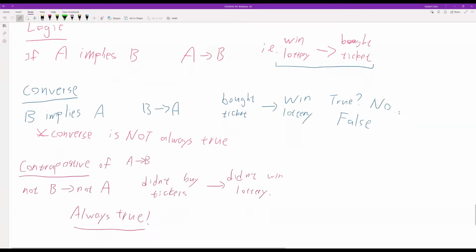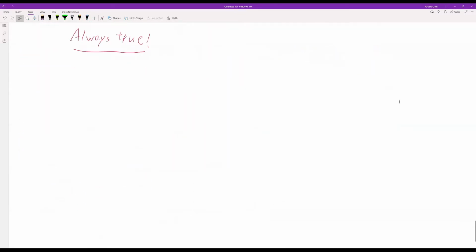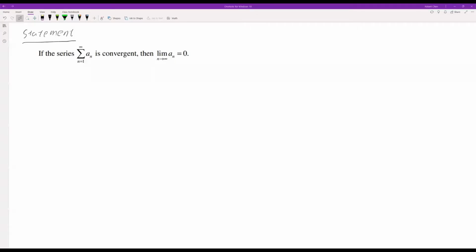But the contrapositive is always true: if you didn't buy tickets, then you didn't win the lottery. Now, we are going to take this and use it in our class in terms of convergent and divergent. So this is our statement: if the series, the infinite sum of an, is convergent, then the limit as n approaches infinity of an is 0.